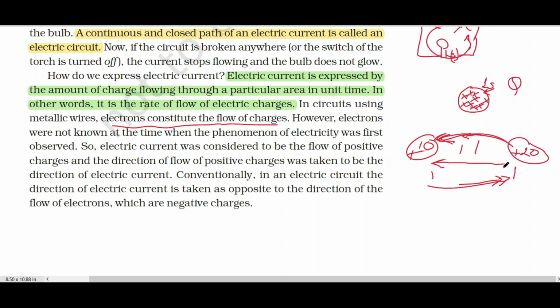So actually the flow of current is not the flow of positive charge, it is the flow of negative charge.